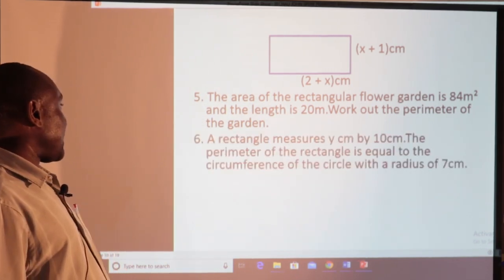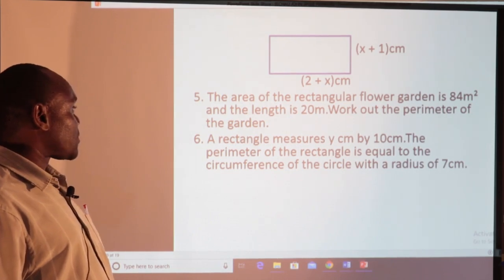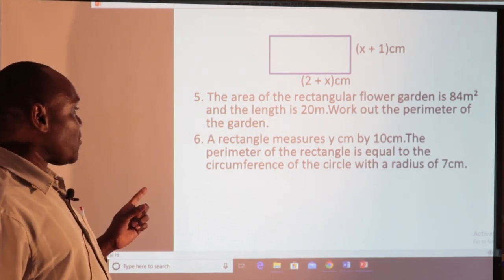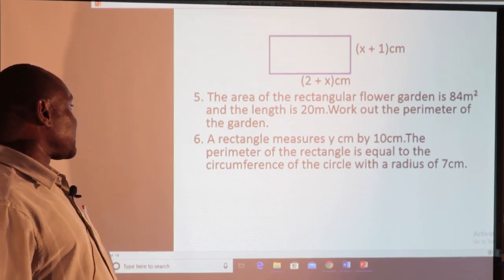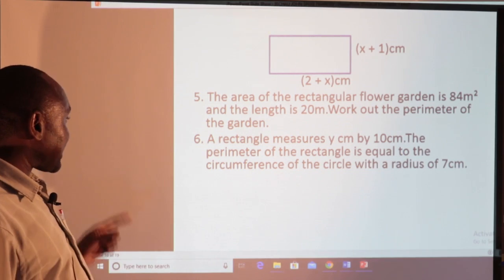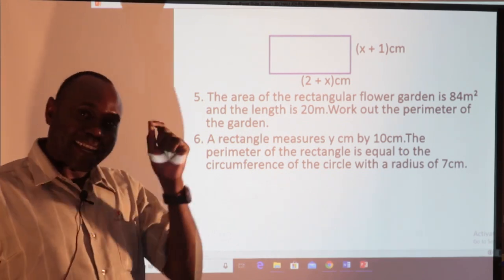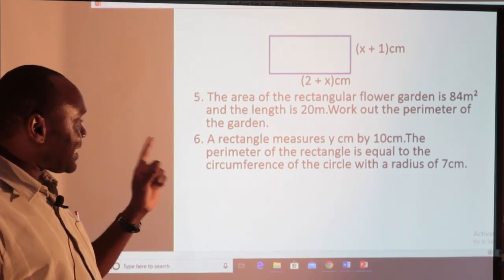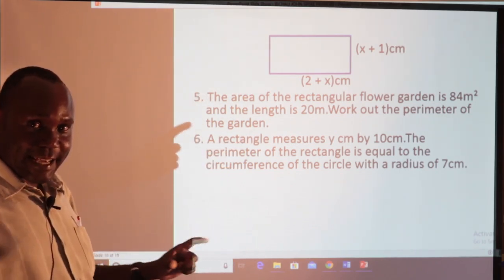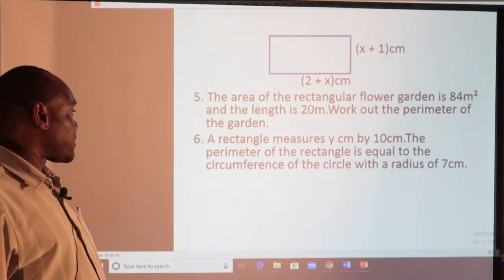Number 6, a rectangle measures y centimeters by 10 centimeters. The perimeter of the rectangle is equal to the circumference of the circle with the radius 7 centimeters. So they are giving you to compare a rectangle and the circumference.